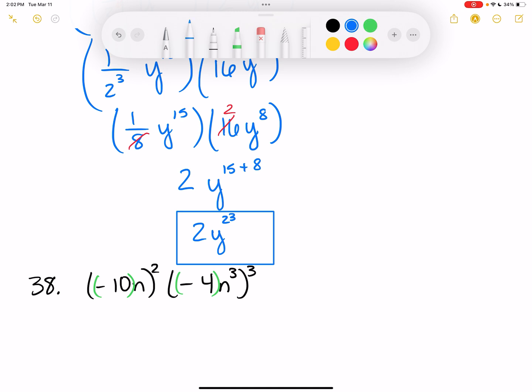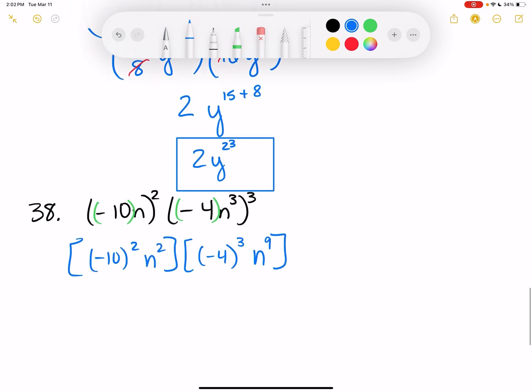So I've got negative 10 squared and n squared. Then over here, negative 4 cubed. They're multiplied, so I'm just going to write this as n to the 9th. Then we actually do the exponents.